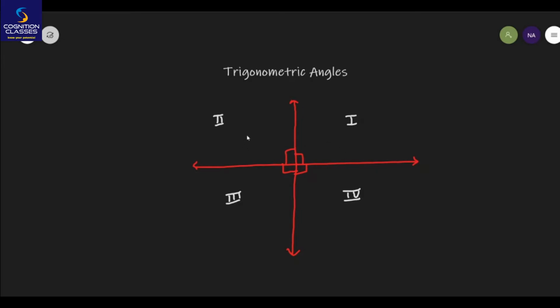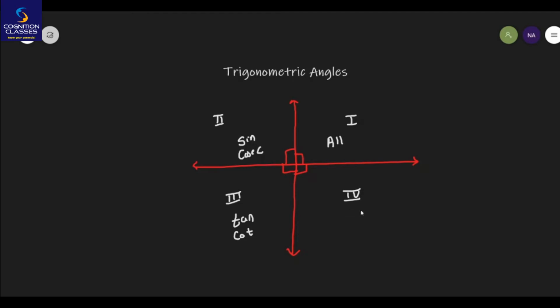Apart from that, in the four quadrants we get different signs of the trigonometric ratios depending upon which quadrant we are in. For example, in the first quadrant, all the trigonometric ratios are positive. In the second quadrant, only sine is positive, and if sine is positive, then cosec is also positive. In the third quadrant, only tan is positive, so cot is also positive.